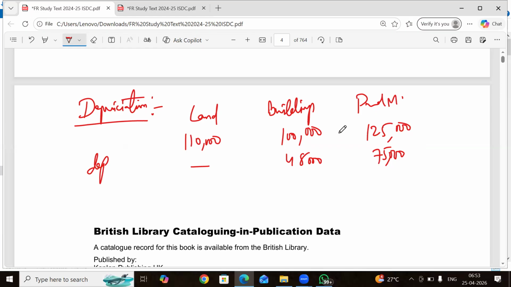And the current year depreciation would be what? This is accumulated depreciation. Current year depreciation, we'll just calculate. We'll apply the rate of depreciation.